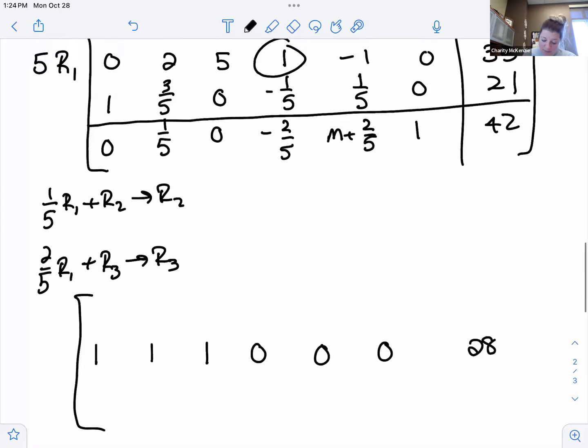Then the bottom row is going to be 2/5 times that top row plus the bottom row. So 0 times that plus 0 is still a 0. 2/5 times 2 is 4/5 plus 1/5. That ends up being a 1 also, because 4/5 plus 1/5 is 5/5.